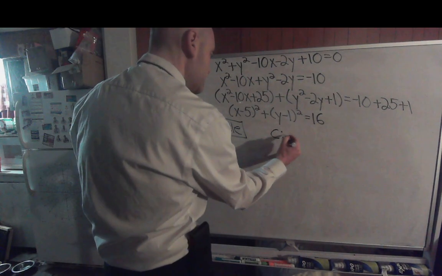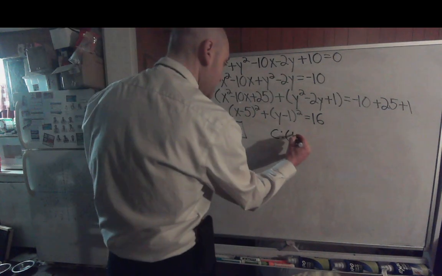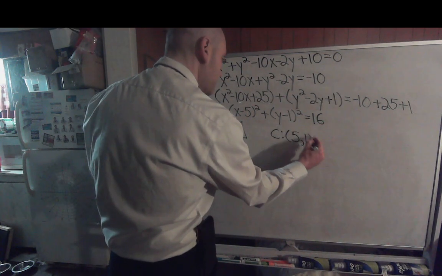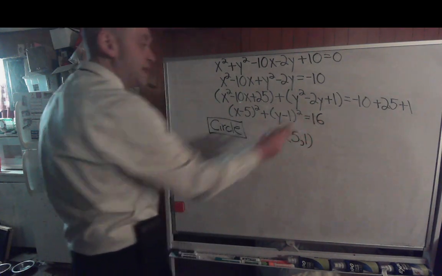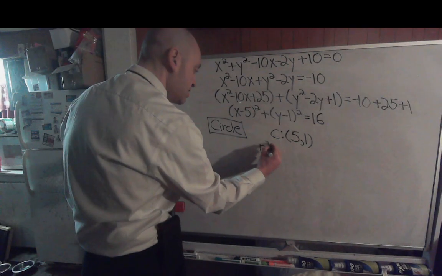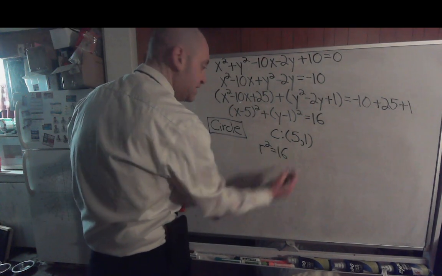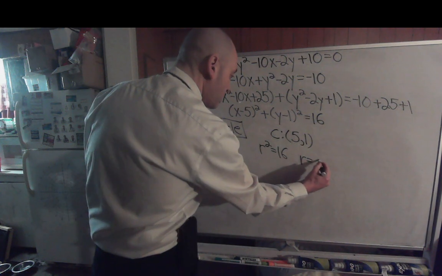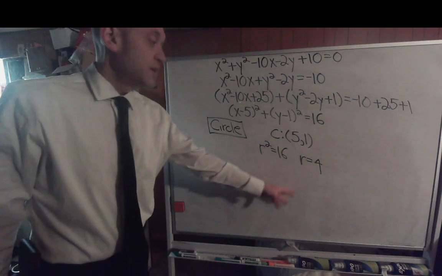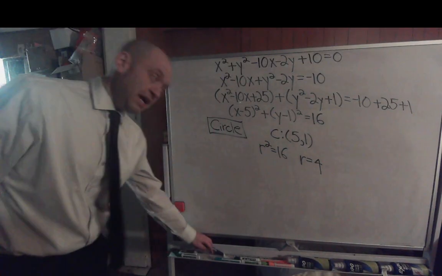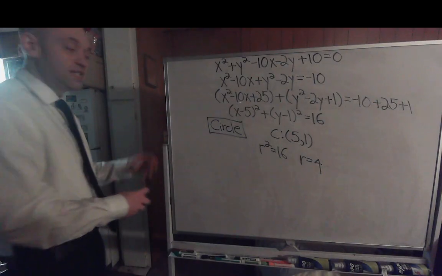The center in this case is going to be 5, 1, and then all we have to know now is the radius. Well, the right side is the radius squared. R squared equals 16, so your radius is 4. So this is a circle with center at 5, 1 and a radius of 4. So that one wasn't so bad. Much easier to deal with.